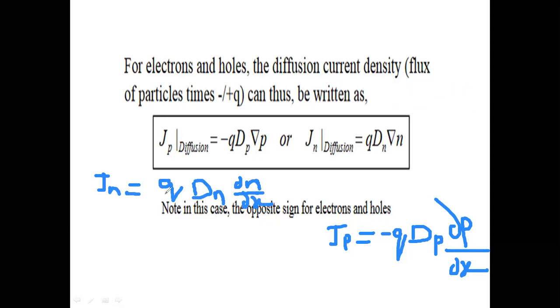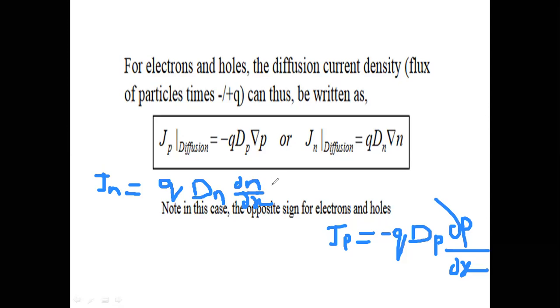So Q is the charge of an electron, Dn is the diffusion constant of electrons, and dou n by dou x is the rate of change of electrons per distance x. Here n is the concentration of electrons per centimeter cube.